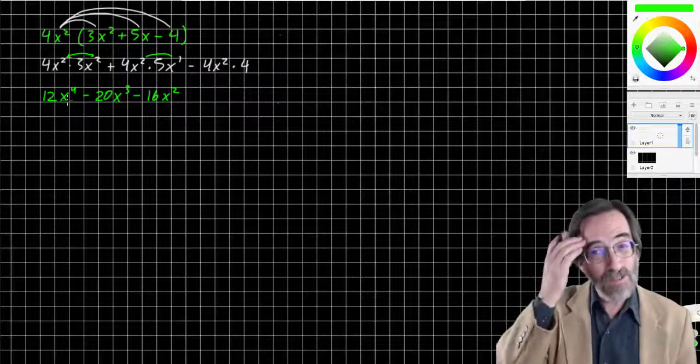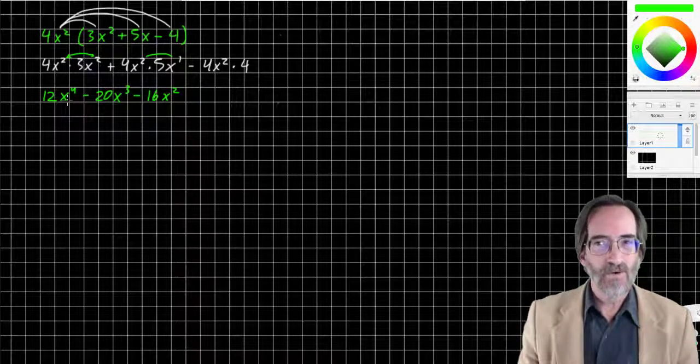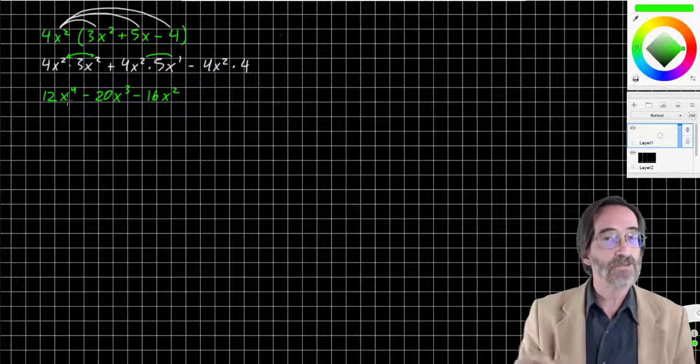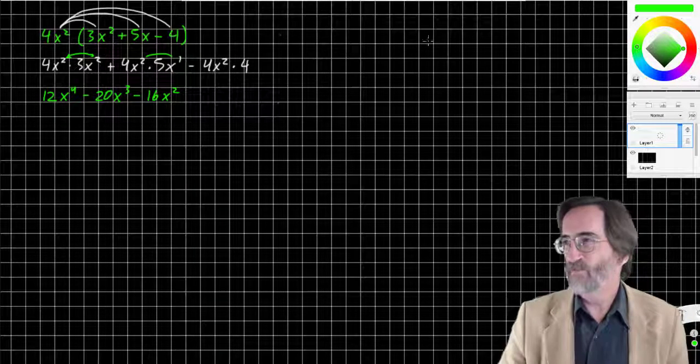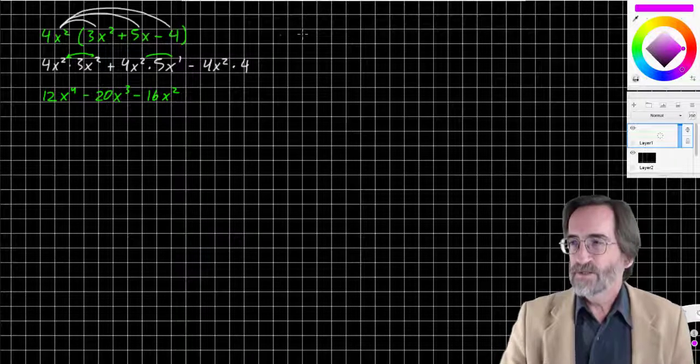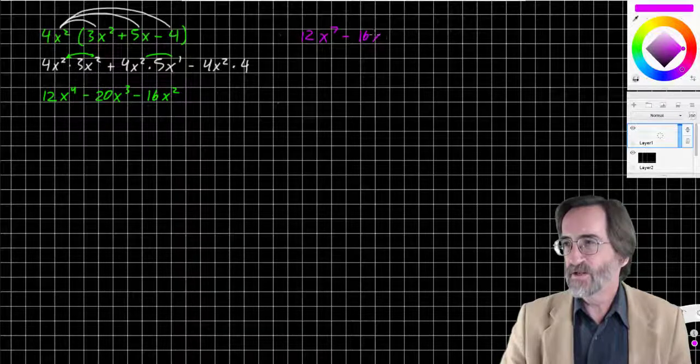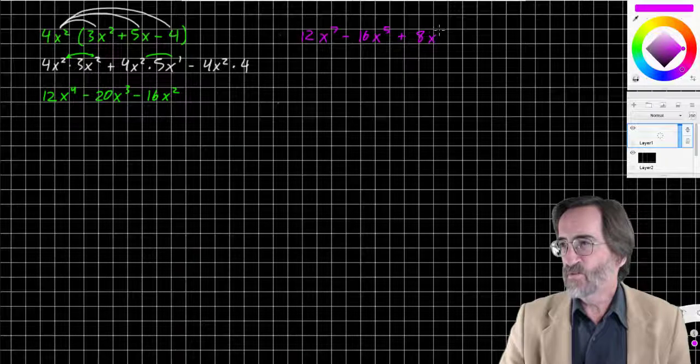When we factor, things are going to be opposite and backwards. So we're going to divide coefficients, and we're going to subtract exponents. Let me give you an example. Let's say I've got 12x to the 7th minus 16x to the 5th plus 8x squared.